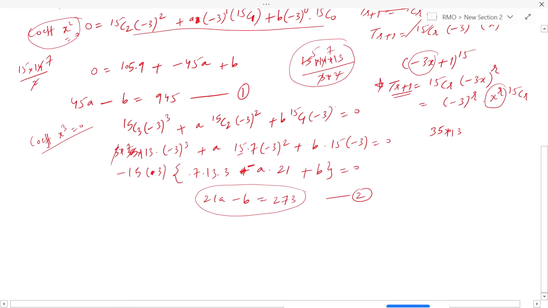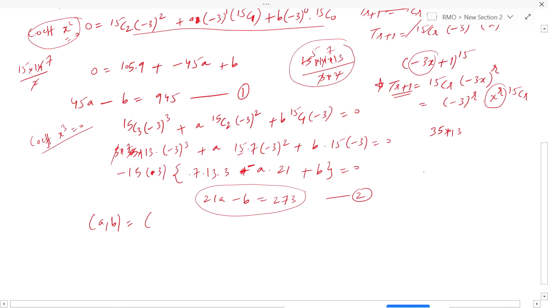So now just solve and get the values of a and b. 203 by 11, no, I'm getting something too complicated for A. I don't know what happened today, we are making many mistakes.